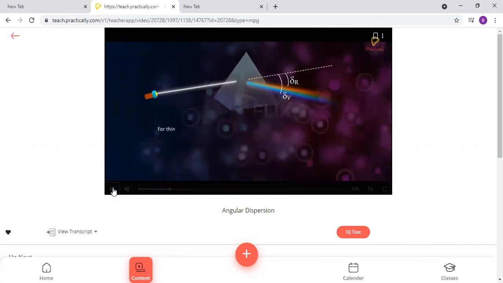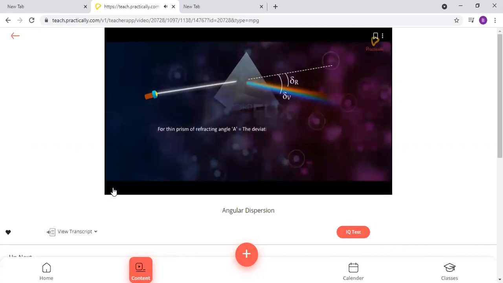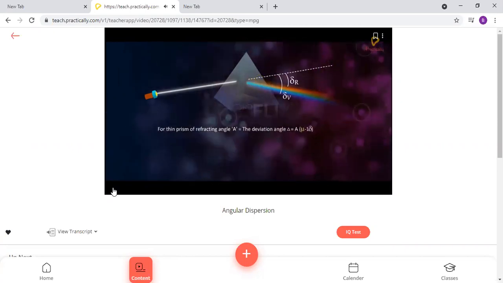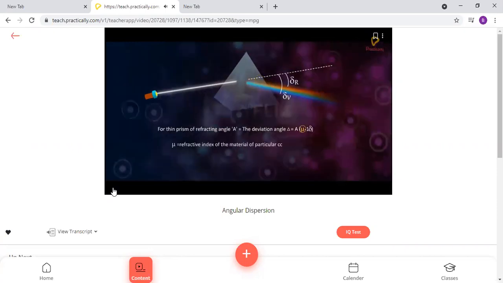For a thin prism of refracting angle A, the deviation angle is given by delta is equal to A into mu minus 1, where mu is the refractive index of the material for a particular color.